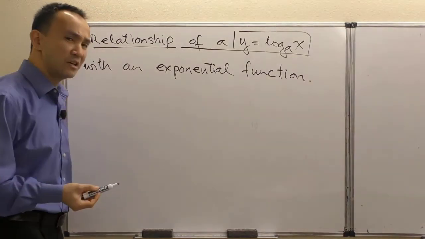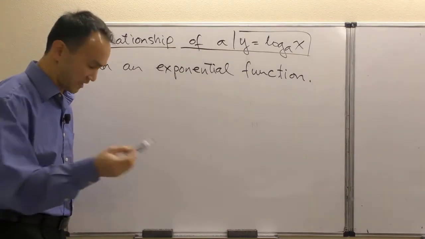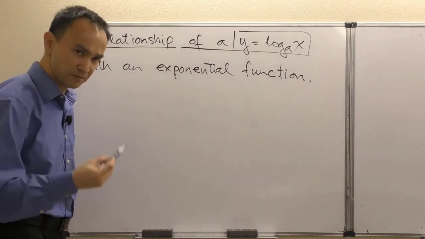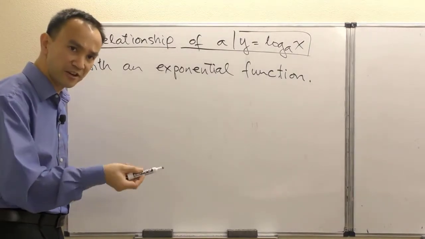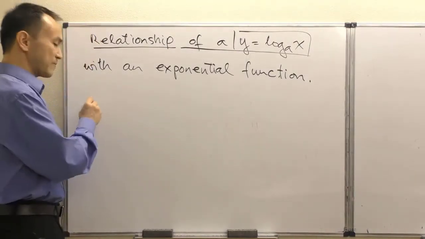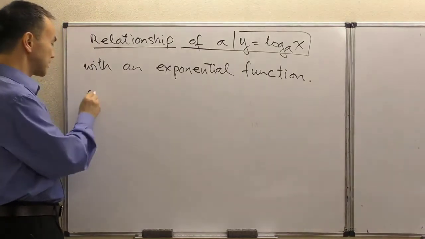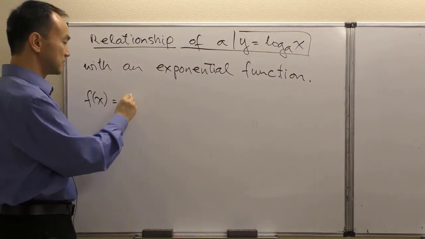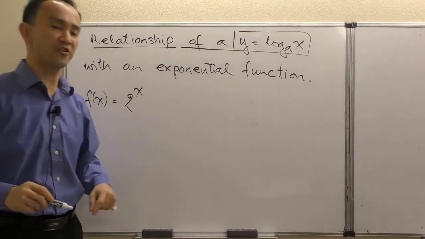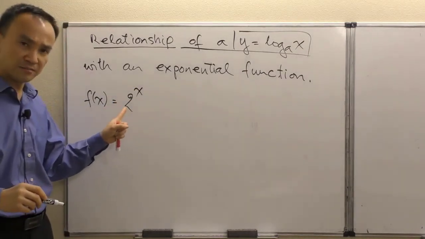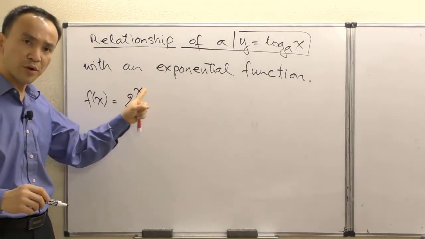Okay, so now allow me to bring back a few things from our learning previously about exponential functions. Let me bring back a very familiar exponential function. How about f of x being the function 2 to the x? It's an exponential function. Now the base here is a positive base greater than 1.